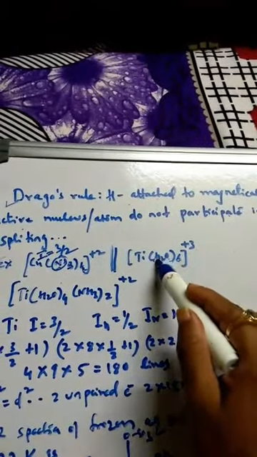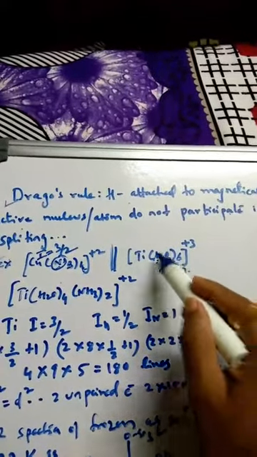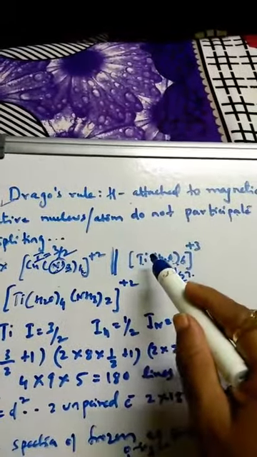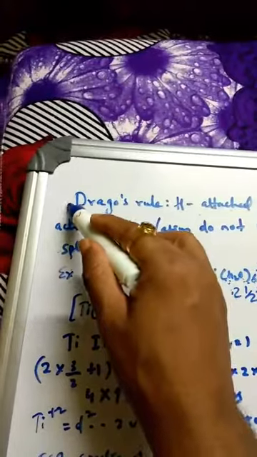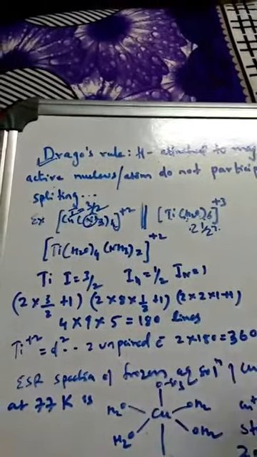So 6 twos are 12 hydrogens, and you consider 2nI plus 1, along with titanium, whose I value is 3/2. This is how we explain it by Dragos rule, and these two examples we saw in the last video with respect to the number of lines.